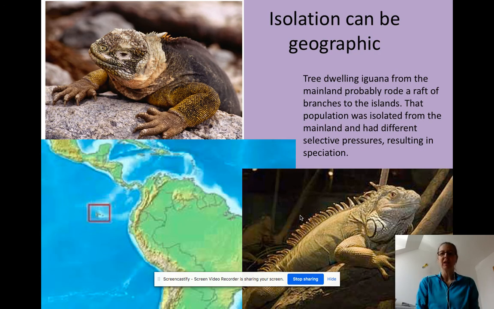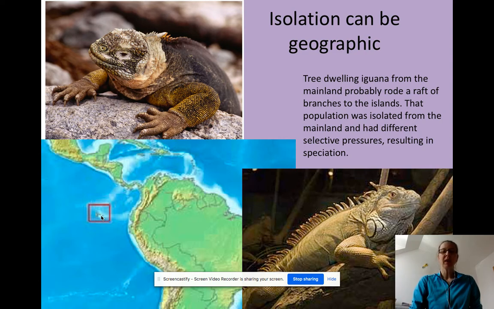Okay, so geographic isolation is probably the easiest one to think about. Geographic isolation is when there's literally a physical separation between two populations within the species. This can be exemplified in the tree iguana from South America, which was on the mainland in the jungles. They think that a small population of those iguanas ended up riding a raft across the ocean and landed on the Galapagos Islands.